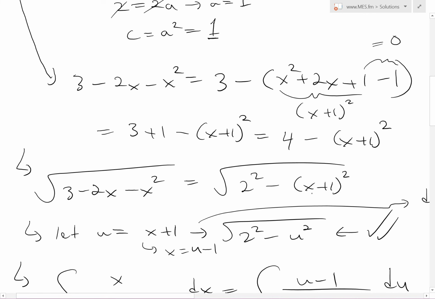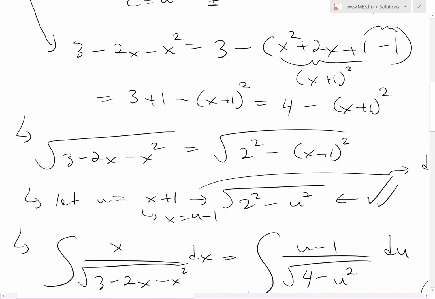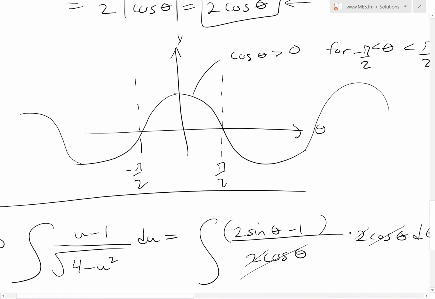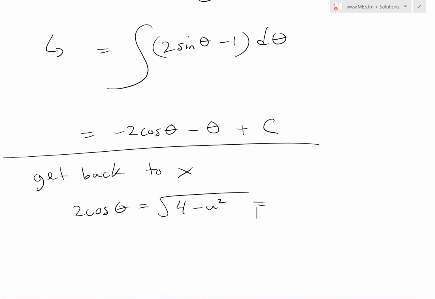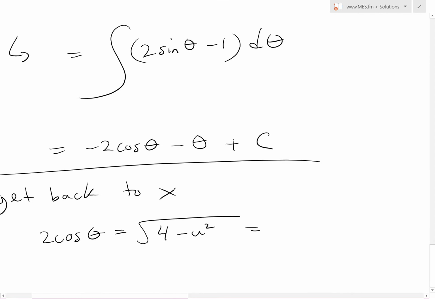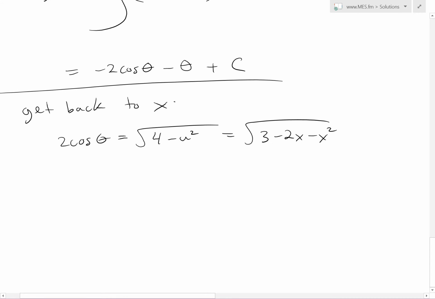So this is exactly the same thing, where u is just x plus 1. So going back to here, this one is a rearrangement of the original one, which is the square root of 3 minus 2x minus x squared.